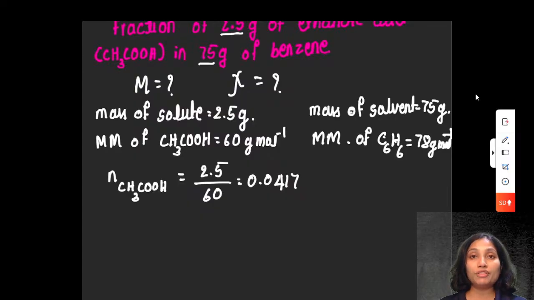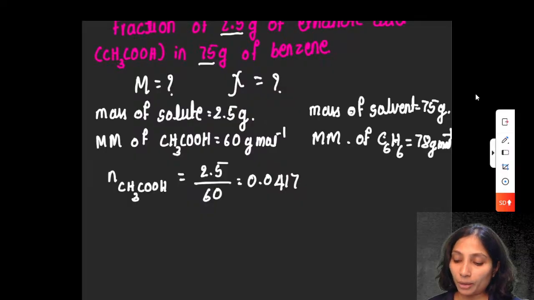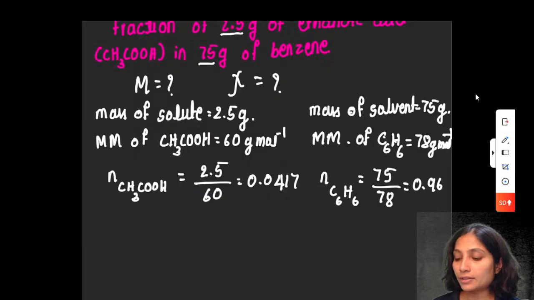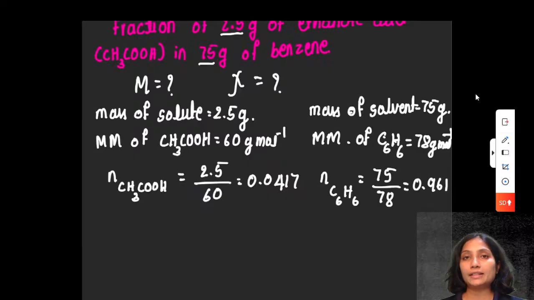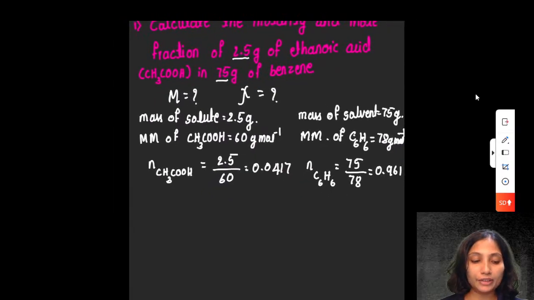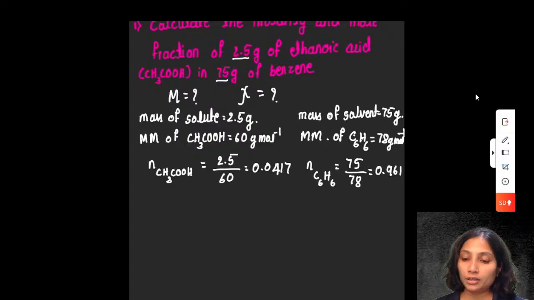This is the number of moles of solute. And the number of moles of benzene, C6H6, is 75 divided by 78, which is 0.961. Now I have the number of moles of both solute and solvent. Next, what is asked to calculate? What are we supposed to calculate from this? Molarity. One minute.